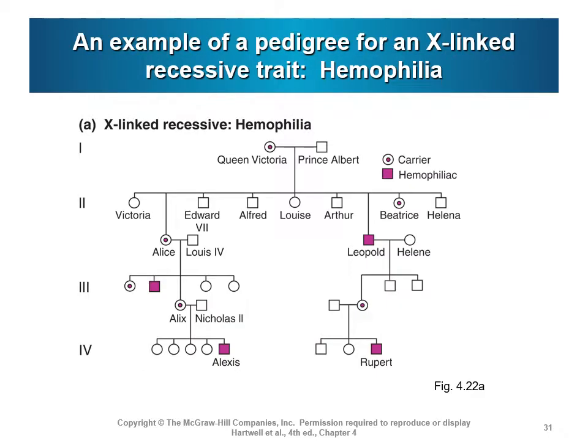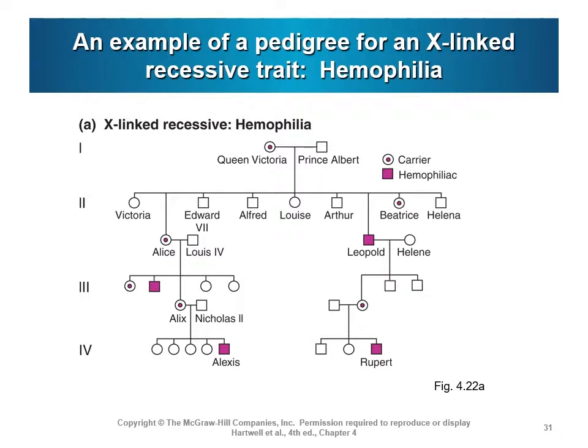I know we have talked about this previously, but here is the detailed schematic of an example pedigree for an X-linked recessive trait. This is an example of hemophilia. Queen Victoria was a carrier of hemophilia, and then Beatrice was a carrier in the second generation.